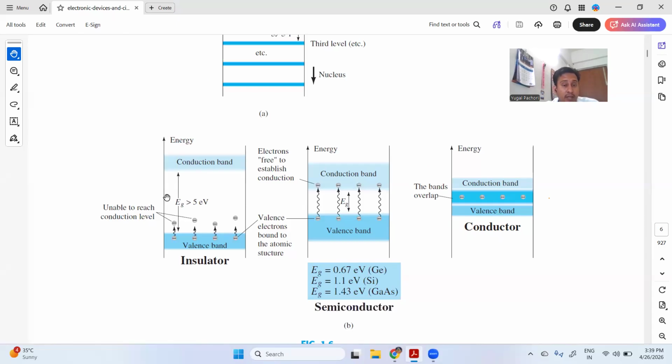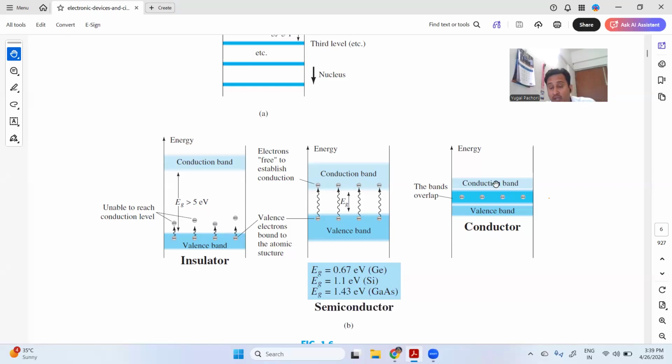You can see the energy gap. This energy gap is quite high, of the order of 5 electron volts. So in the case of the insulator, there are fewer chances that you are able to cross the energy gap of 5 electron volts. That's why conduction rarely happens, and the conductivity of the insulator is almost zero.